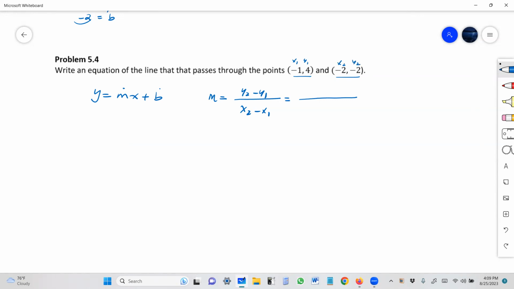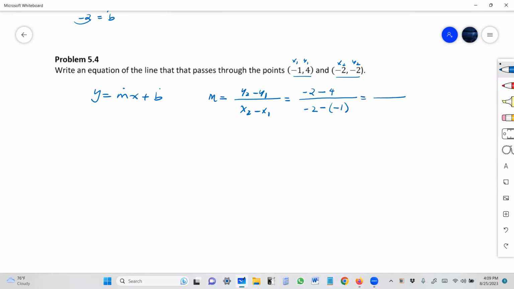So follow the formula: y2, which is -2, minus y1, which is 4, over x2, which is -2, minus x1, which is -1. Now be careful. This is the minus from the formula, but the point is -1. So make sure you put parentheses around it.